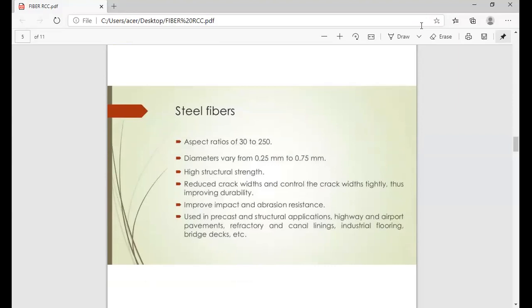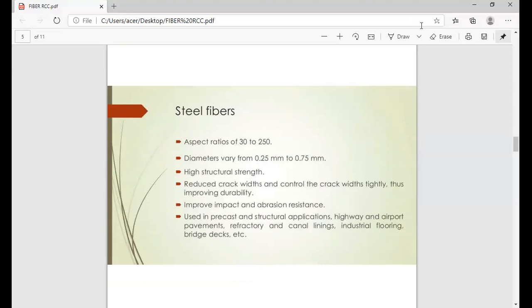If we are talking about steel fibers, steel fibers have an aspect ratio of 30 to 250, and the diameter varies from 0.25 mm to 0.75 mm, with high structural strength.